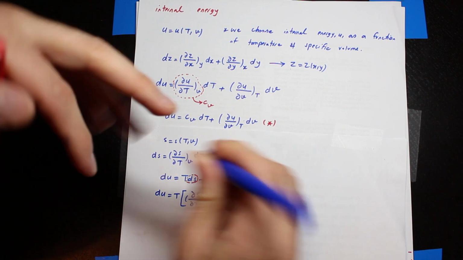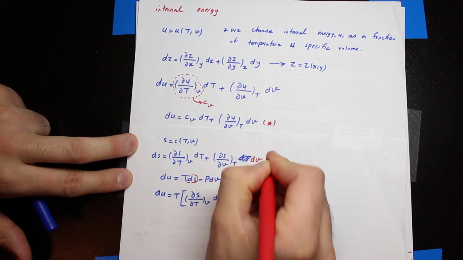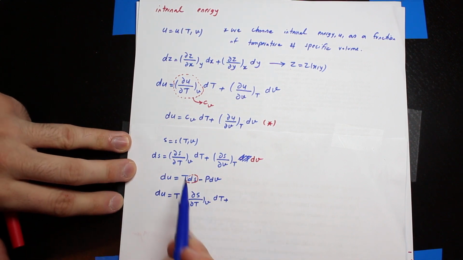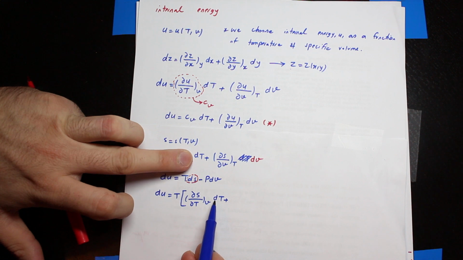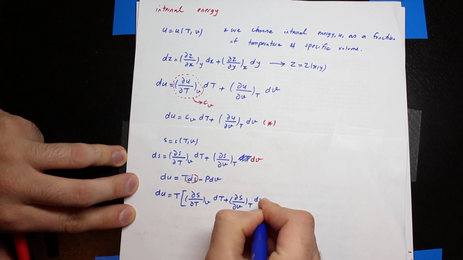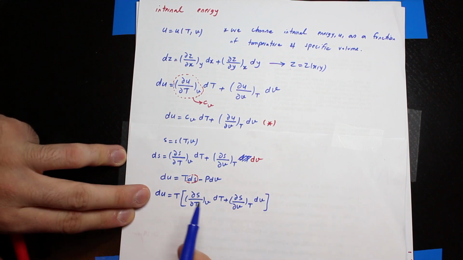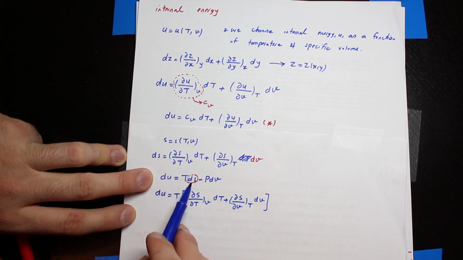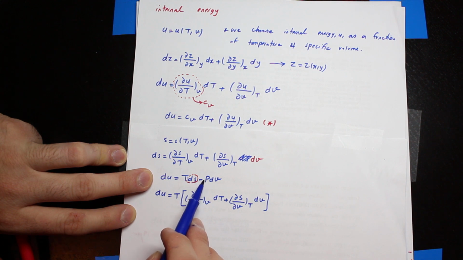There was a typo here, so I corrected it: this should be dv. So I'm rewriting this equation by replacing ds with the right hand side. I'm done with the first term, and then I have minus P dv.